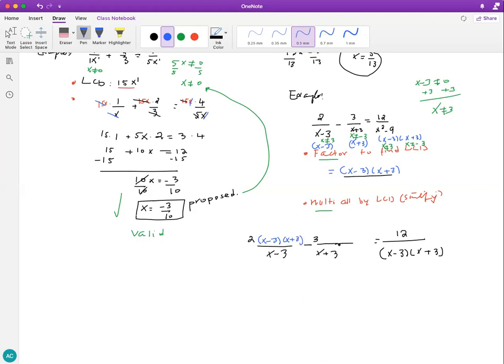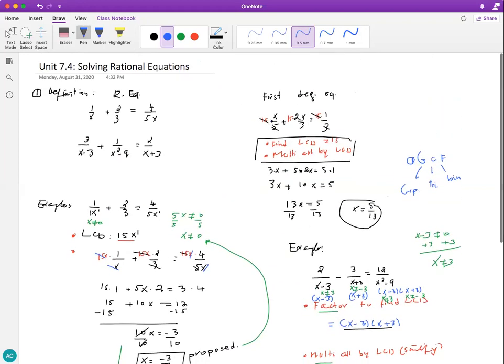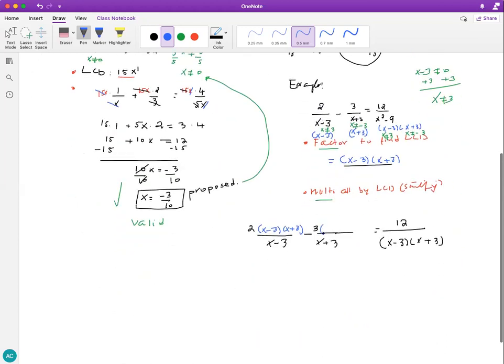Okay, LCD. And again here, just like we did earlier with this simple first degree equation, put 15 next to each fraction. And x plus 3. Finally, for the third fraction, we do the same thing.